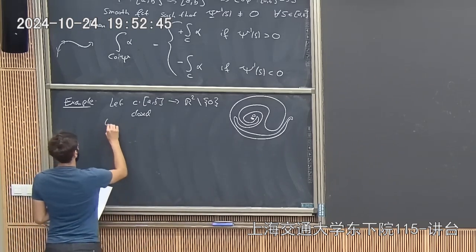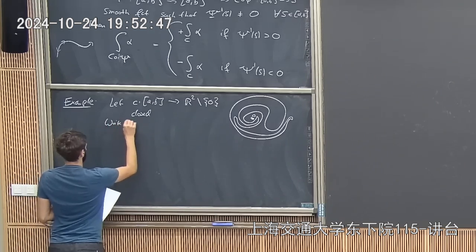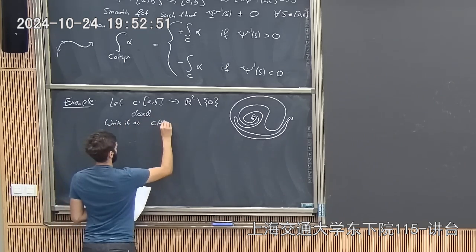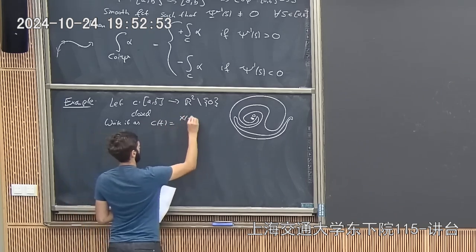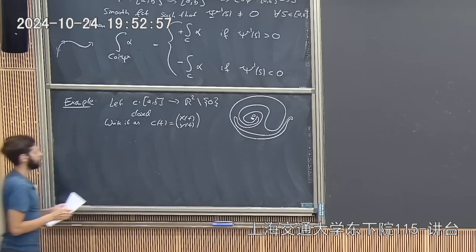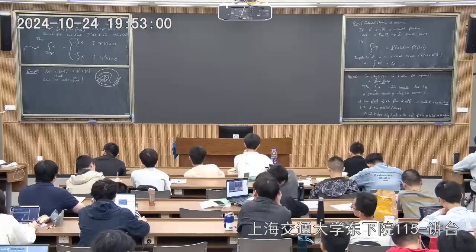And we can write it. It has two components, C of t. You can write this as x of t and y of t, for two functions.